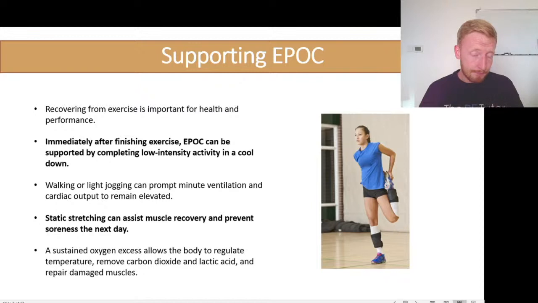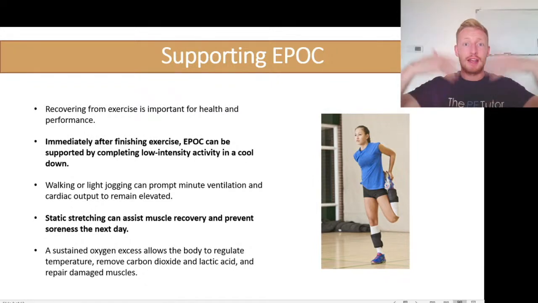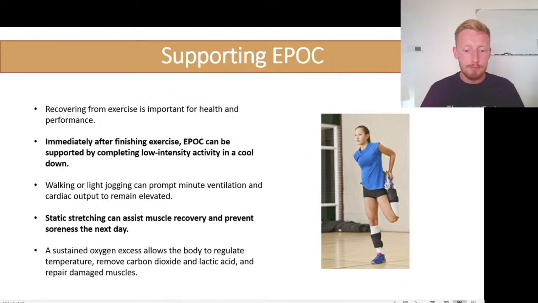If we can do that, then obviously the side effects of movement, where we have the increased temperature, we have the increased exhalation of carbon dioxide, then we know that we're going to keep on shunting blood to where the body needs. We're going to shunt blood to where the blood needs to go.